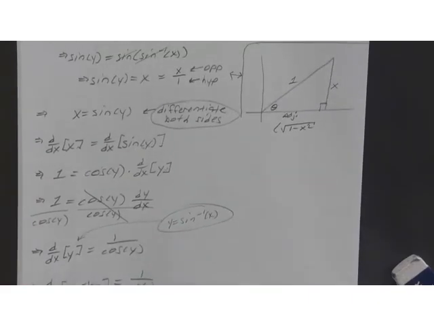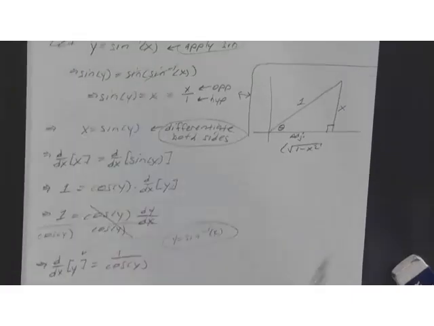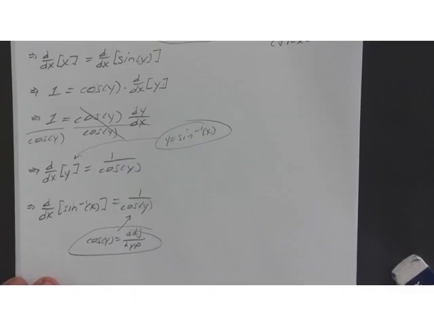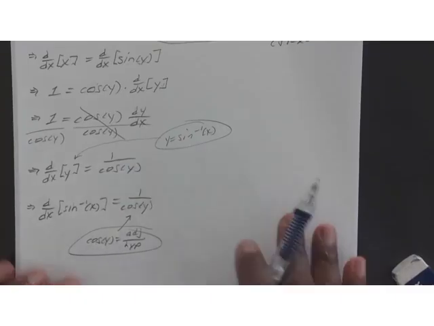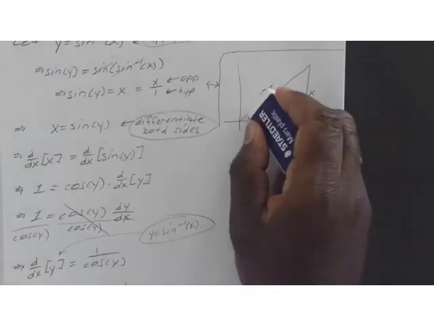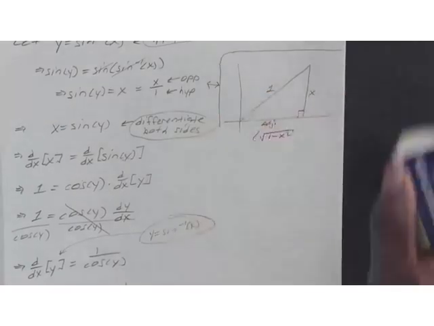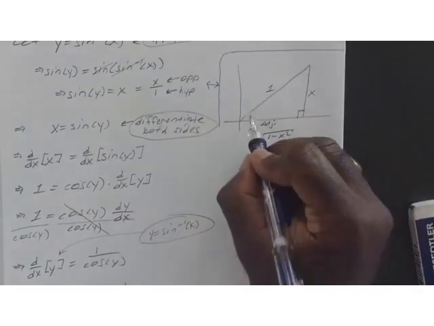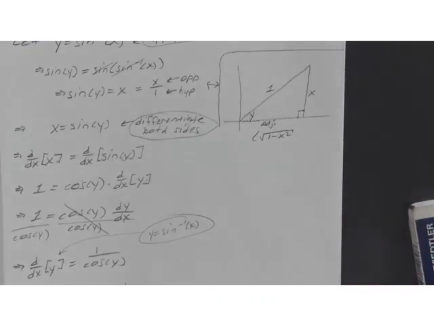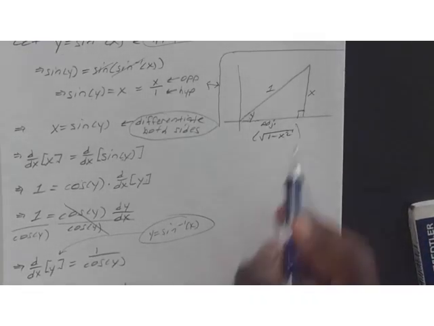Probably to make this less confusing, I probably should have let theta equal sine inverse, but too late now. Okay. Well, we have cosine is adjacent over hypotenuse. I'll just change that to y, again, just to make it a little less confusing. There we go. Okay.